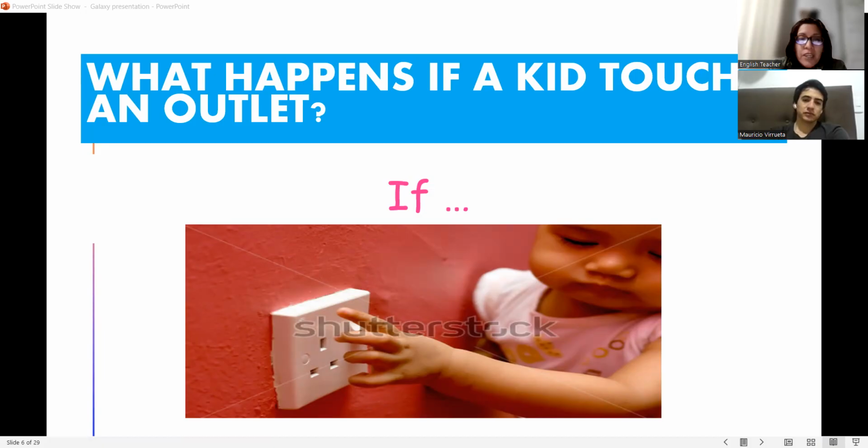So if you say, if a kid touches an outlet, he will electrocute, that will is the first conditional. That's why I'm saying if a kid touches an outlet, he passes electricity, because that's going to happen. Not electrocute, but pass electricity. So I use the zero conditional.